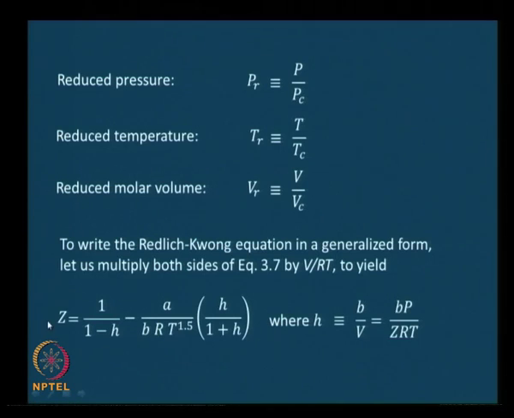Hopefully you would have arrived at this expression here, which is by mere substitution and grouping B by V as H, and some transposition may be required, maybe more grouping of terms is required to get this expression.